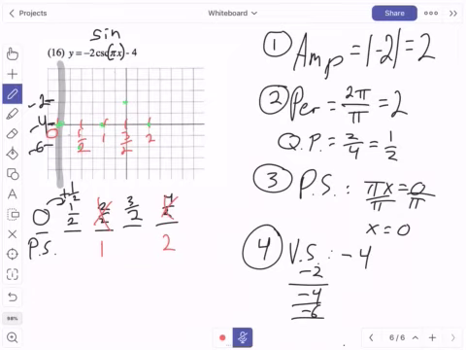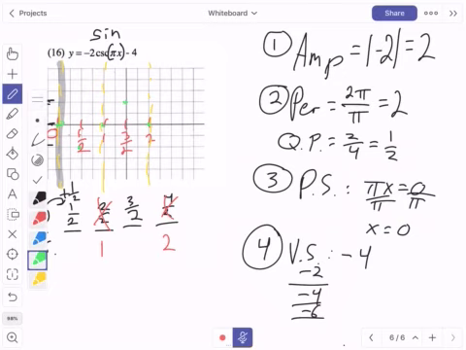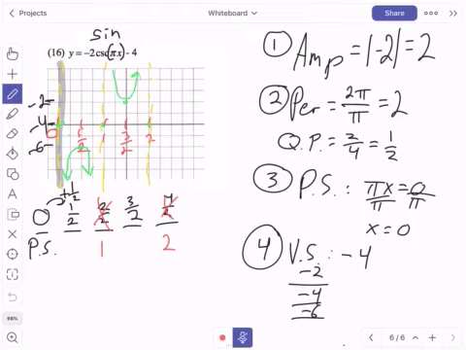Wherever there's an x-intercept, we're going to draw an asymptote there. And then wherever there's a peak or a trough, we're going to draw a parabola connecting at that particular dot. Keep in mind that the parabolas do not go through the asymptotes.